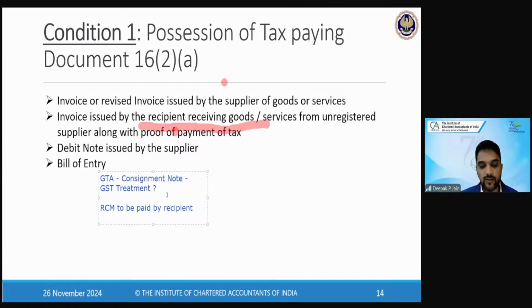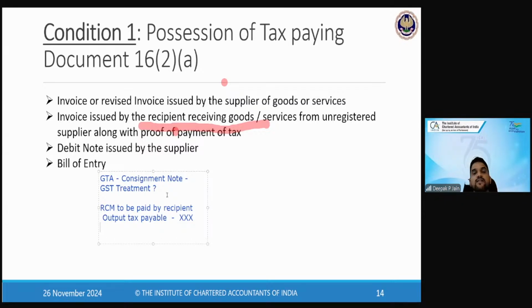So is output tax payable? It will be there, XXX rupees. On this, you have to claim the credit, correct? Because had the vendor charged GST, you would have claimed the credit. So in this case, instead of the vendor charging me the GST, I am paying the GST on behalf of the vendor.